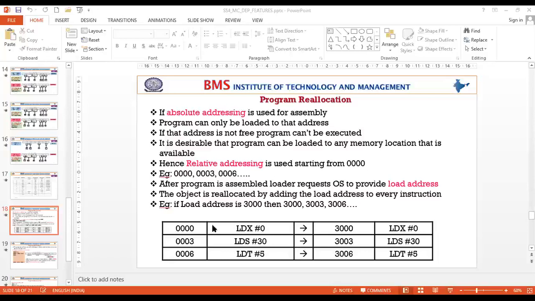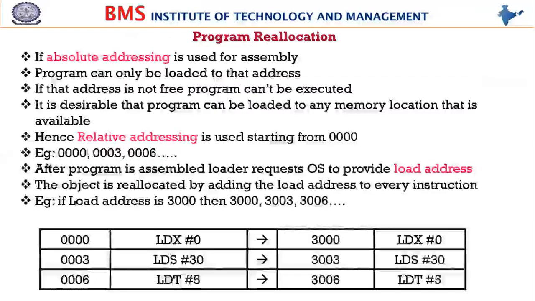So where we were is program relocation. There is a table that gives you an example of how exactly the relocation will happen. For example, LDX #0, which is an immediate address.